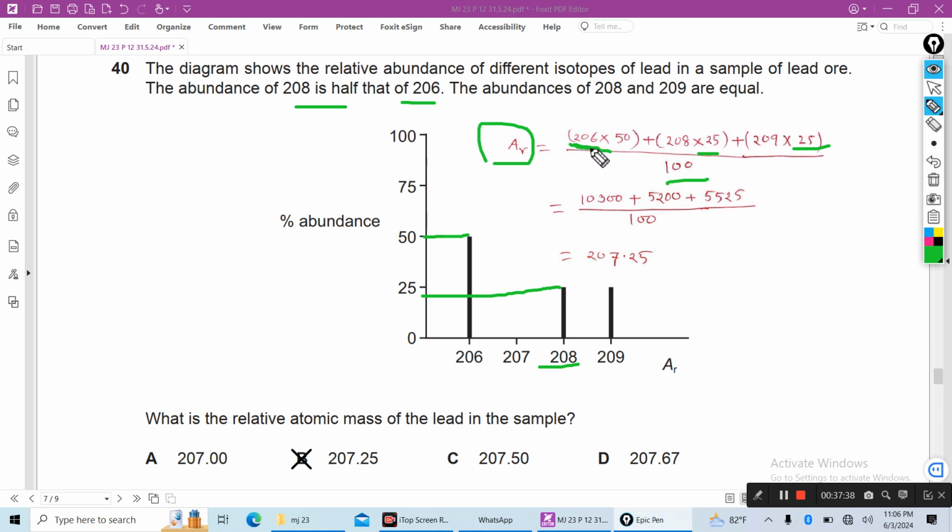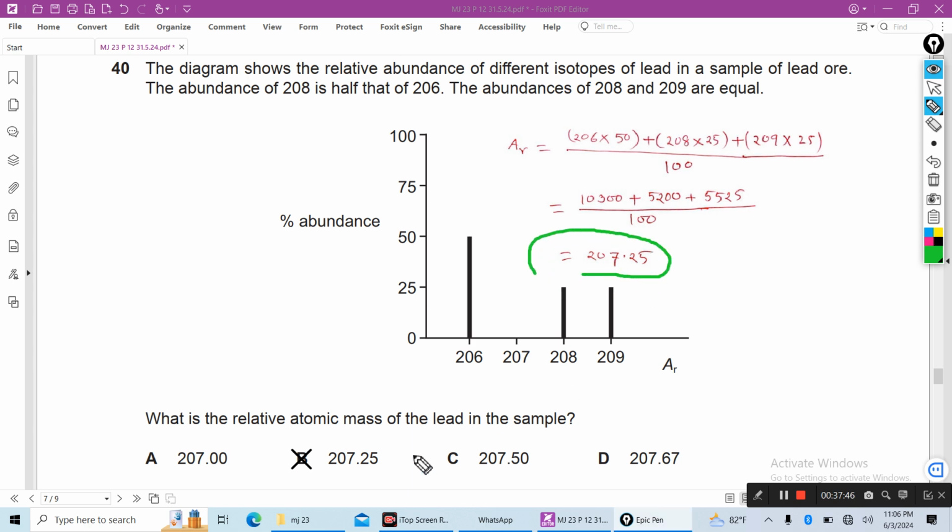Mass times percentage abundance divided by 100, then you will get the Ar 207.25. That's why B is the right answer. Mass into percentage, you take the sum, then divide by 100, you will get the Ar. Thank you, dear students.